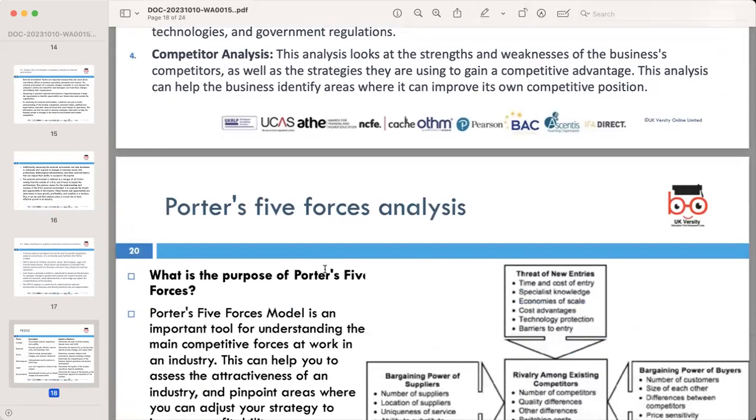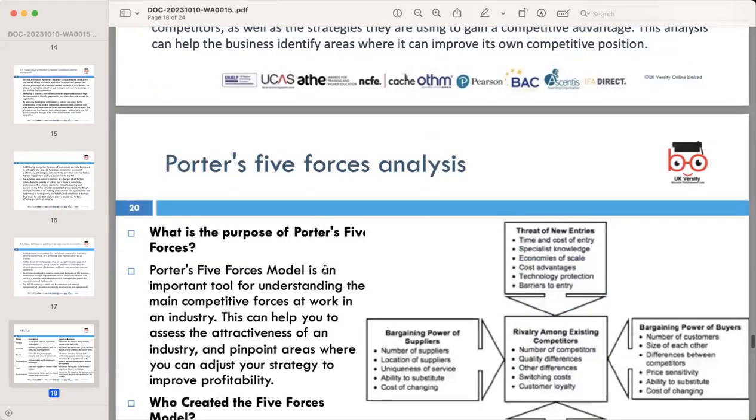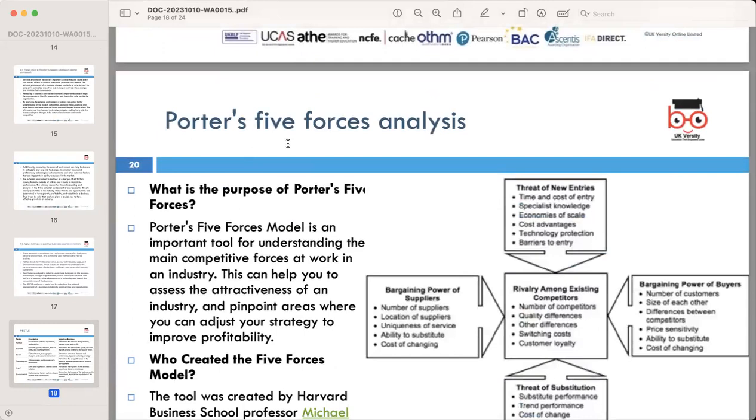Okay, so next one is understanding Porter's five forces analysis. So what is the purpose of Porter's five forces? Porter's five forces model is an important tool for understanding the main competitive forces at work in an industry.